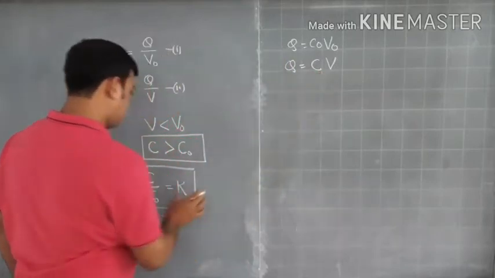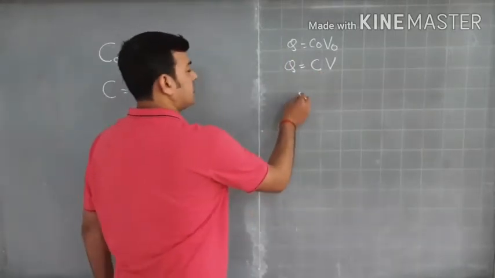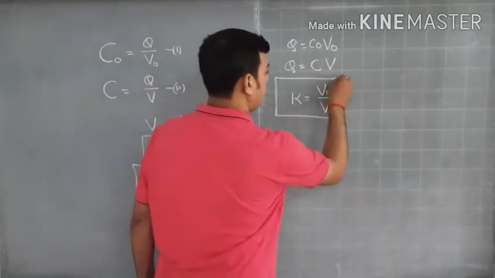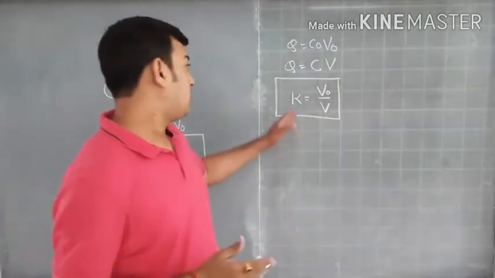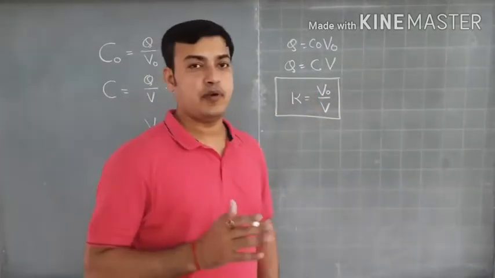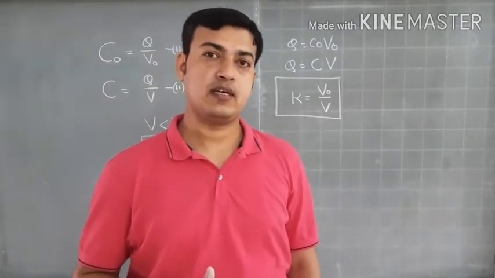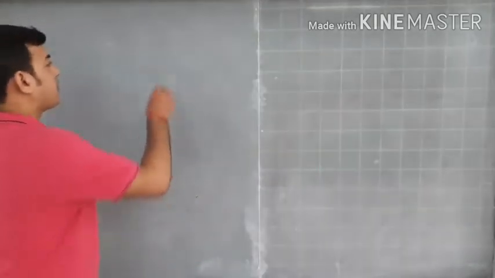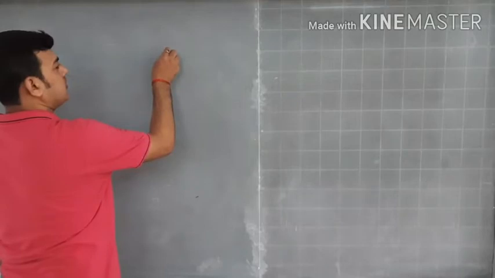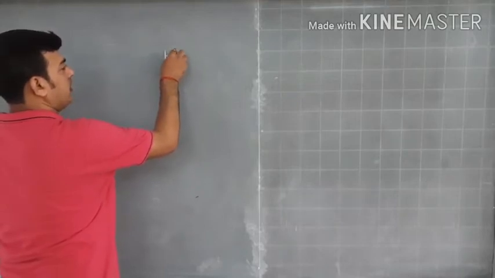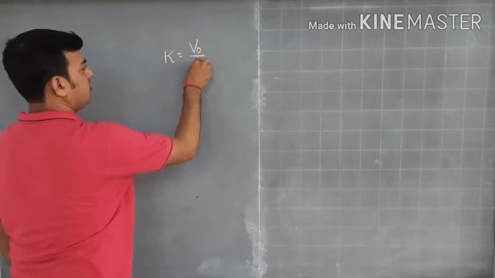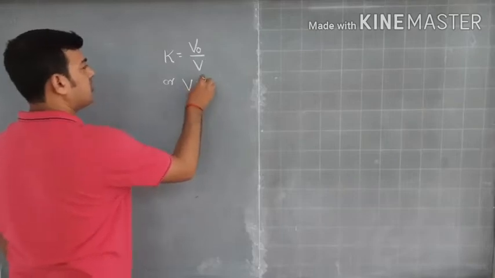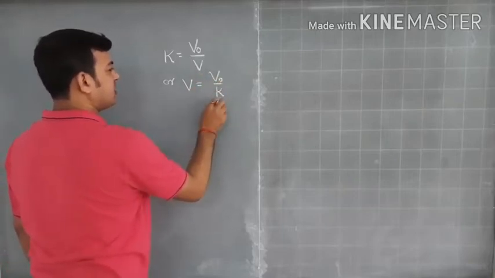If I apply this condition, we get that K equals V0 by V. Here you can also define the dielectric constant in terms of the potential difference between the plates of the capacitor in the presence of the dielectric and in its absence. So the dielectric constant is V0 by V, or you can say that the potential difference between the plates decreases by a factor K.